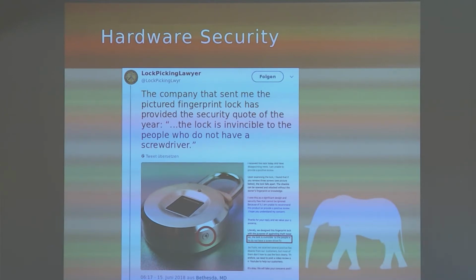I mean, okay, but probably most people have a screwdriver or can get one somewhere fast. They open the lock and then it's open. So it's very secure. There was also some other smart lock where you could just open the back of the lock, then unscrew some drives, and the lock just fell apart.